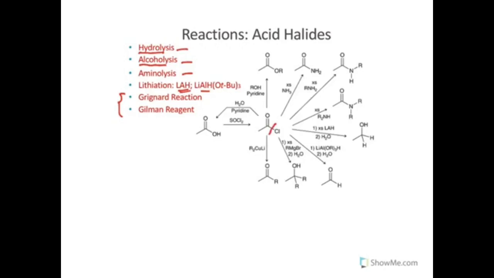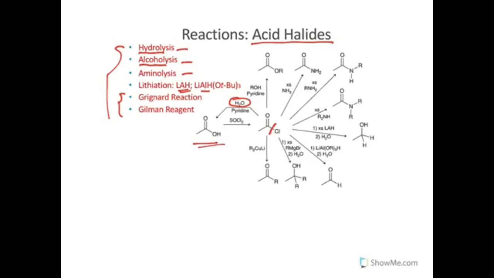The acid halides being the most reactive and able to undergo these processes, we're going to start with that, and then we are going to go into the other functional groups. When reacted with water, the acid halides undergo hydrolysis to form carboxylic acid.